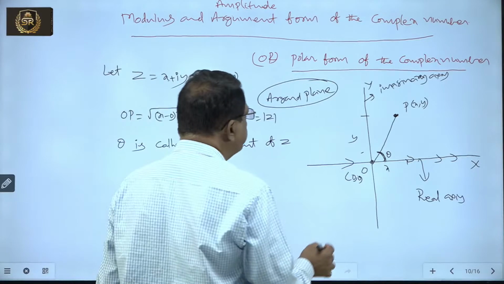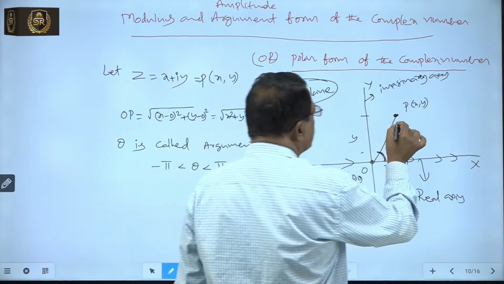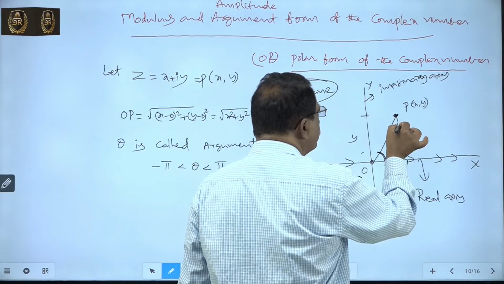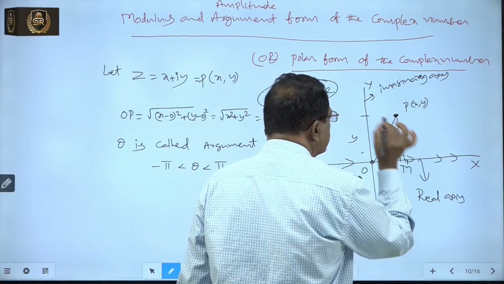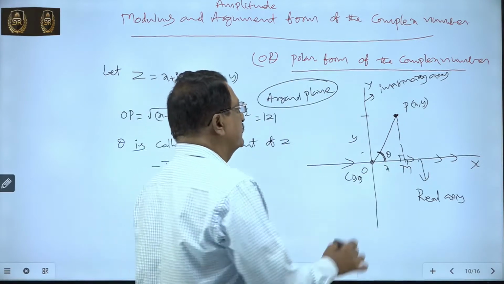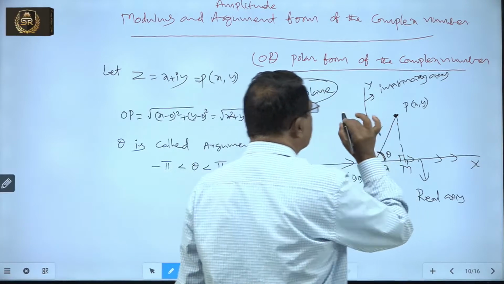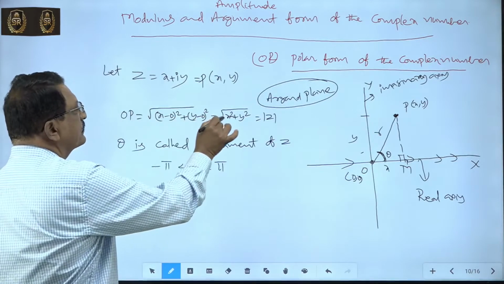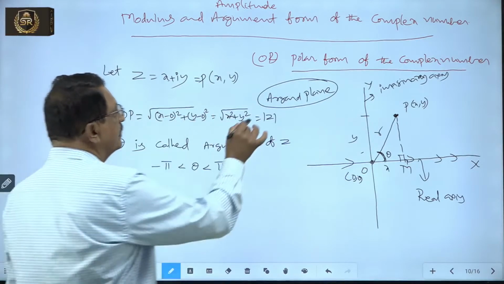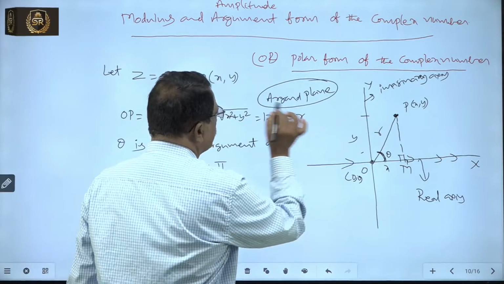Now suppose we draw a perpendicular from P to the x axis, PM perpendicular to the x axis. Now let OP equal r. But OP is nothing but the square root of x square plus y square, or mod z, that equals r units.